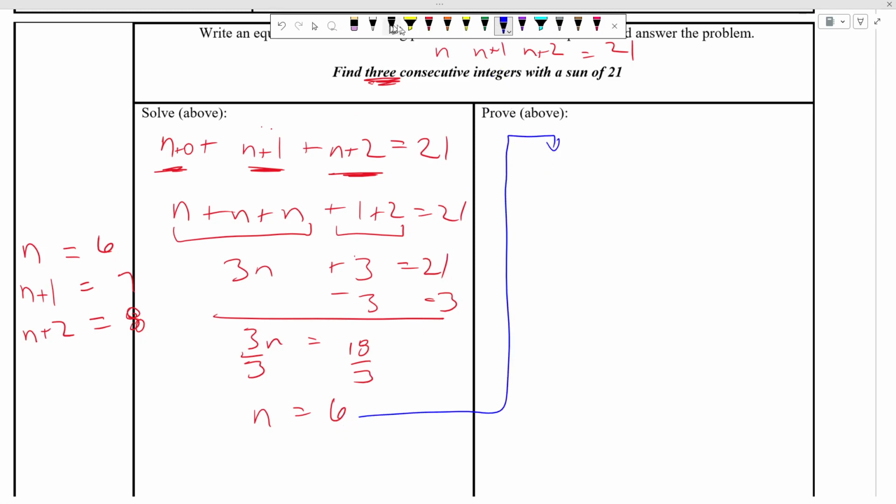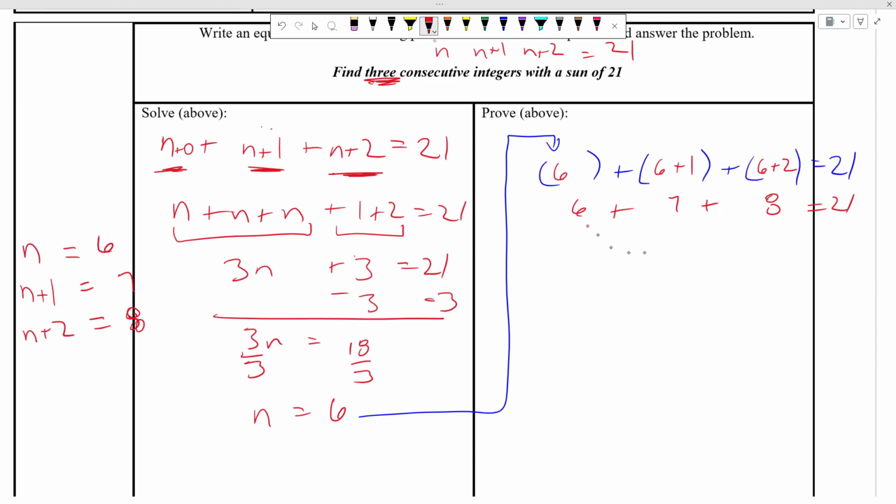Let's see here. I got my 3 equals 21. So I had 6, I had 6 plus 1, and I had 6 plus 2. This happens to be 6, 7, 8 equals 21.